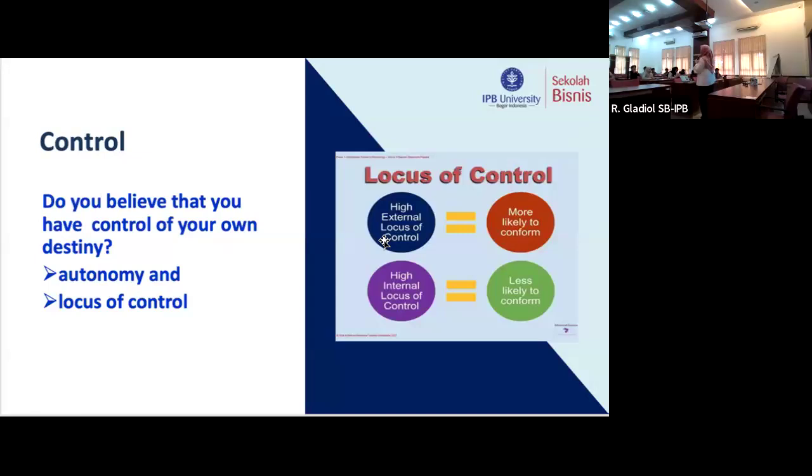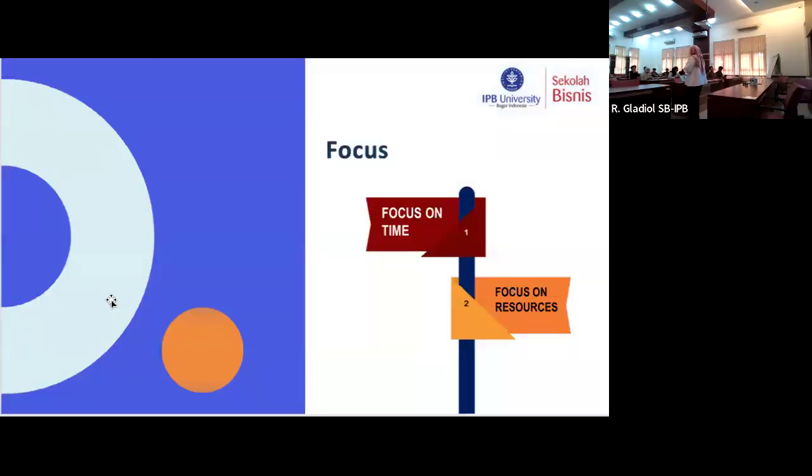What kind of things I believe I can control with my own action and strategies, and the other ones are shaped by luck, for example, or other external factors. So you have to know that. That's the control.